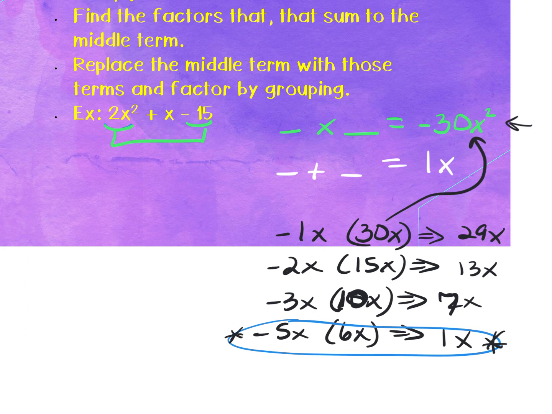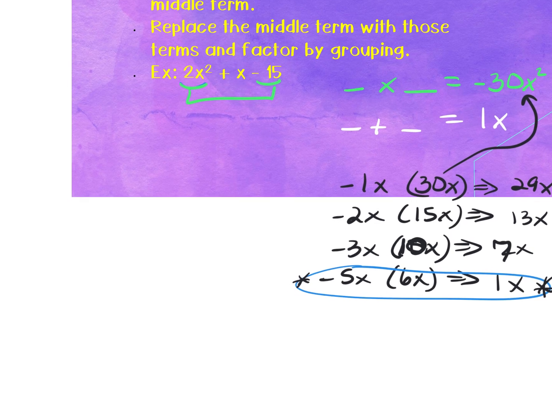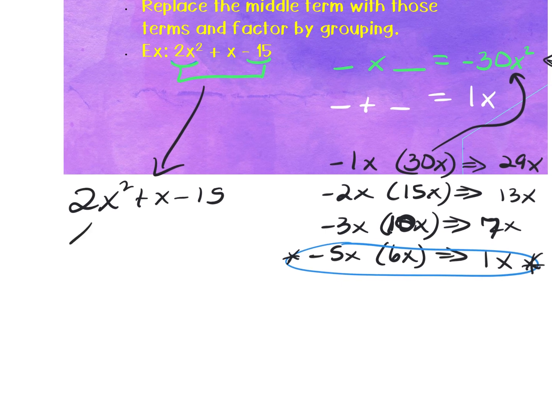Now, I can't put these numbers right into the binomials. I have to turn this trinomial into a 4-term polynomial now. Okay, so let me go ahead and write it down here. So I have 2x squared plus x minus 15. This is the problem. So I'm going to rewrite the first term.